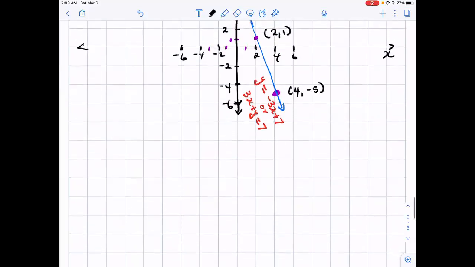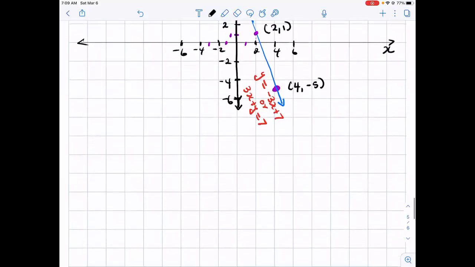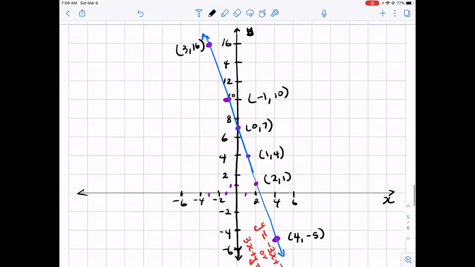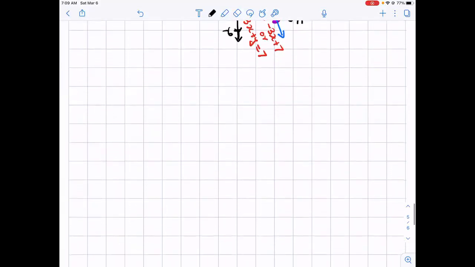So this technique can also be used for graphing equations of any type. The problem is that sometimes the points, when you connect them, are not very easy to see. So let's look at another example. Let's sketch the graph.